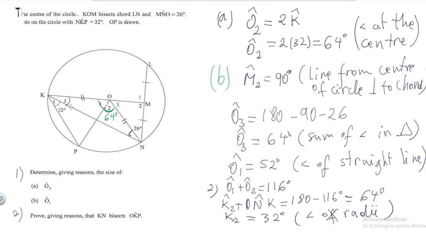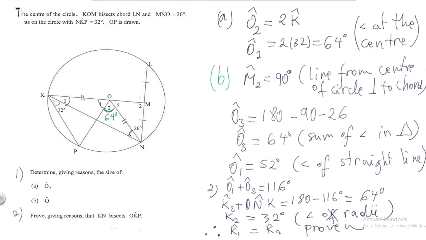So therefore, if you bisect means that they are equal, okay? So therefore we found that K1 is equal to what? K2. So it's proven.